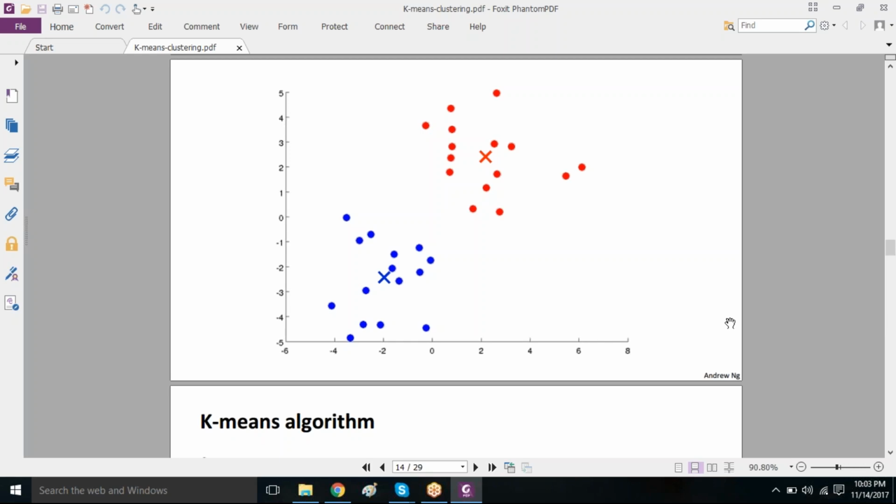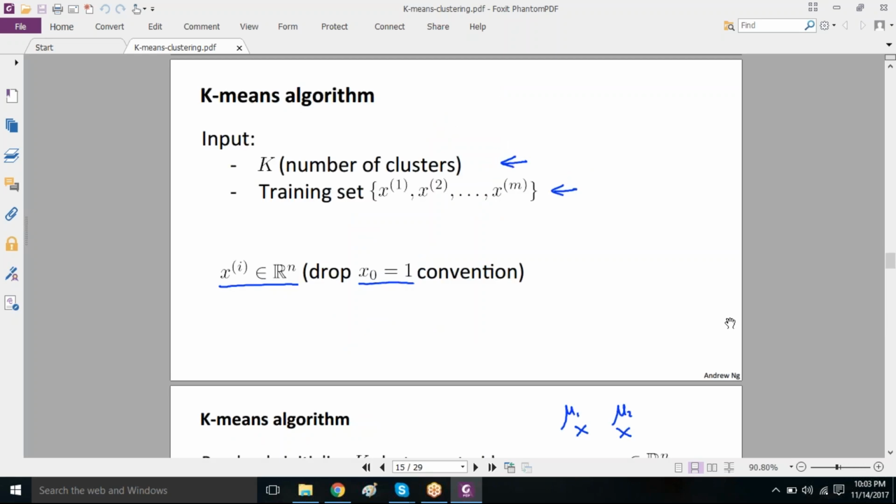But what if there are a huge number of data points?